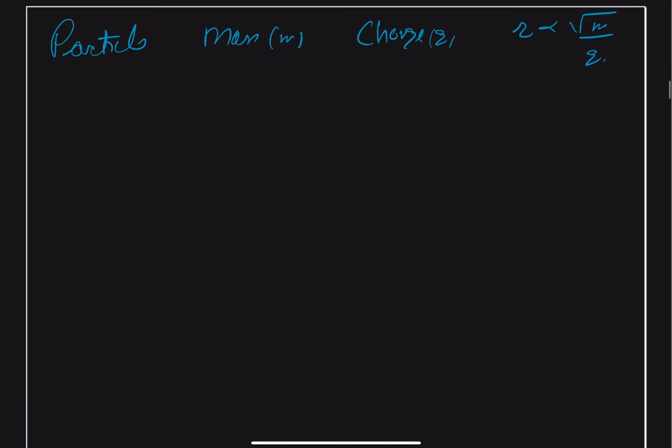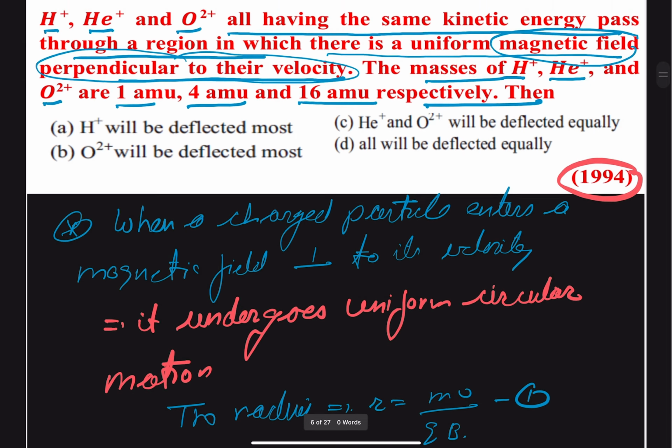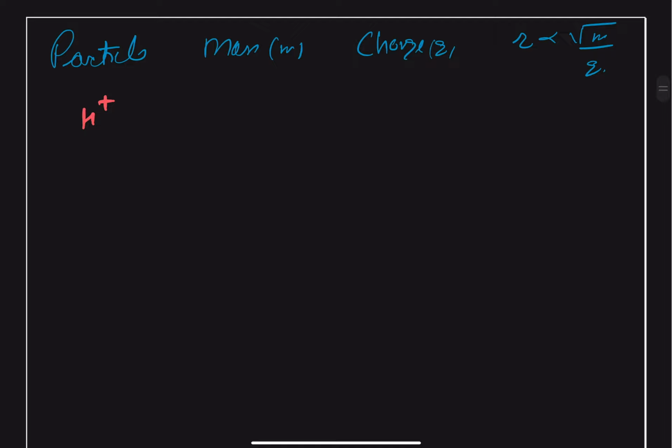So the first particle is H positive and mass is 1 AMU. For the sake of simplicity, let us call this A. Charge is plus E. So the radius will be equal to square root of A divided by E.